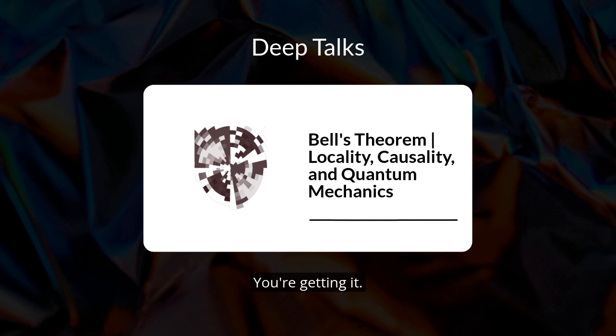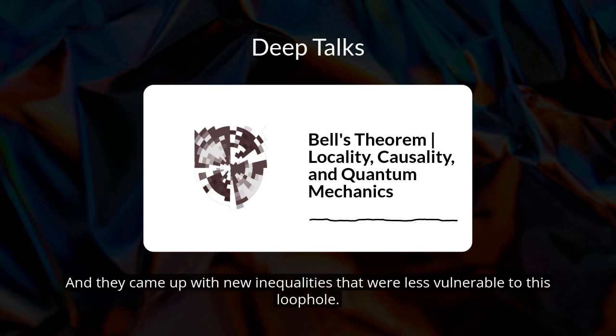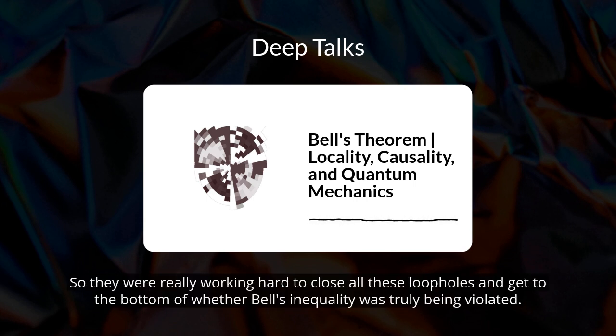You're getting it. And to address that, physicists had to develop incredibly sensitive detectors that could register nearly every particle, and they came up with new inequalities that were less vulnerable to this loophole. Wow, so they were really working hard to close all these loopholes and get to the bottom of whether Bell's inequality was truly being violated. Oh, yeah.